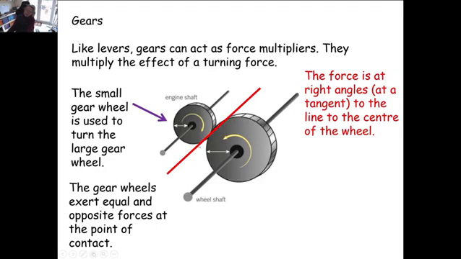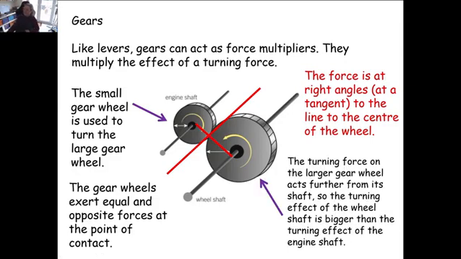So I've tried to draw that in, but that's a little bit difficult to draw. But your force is going to be at right angles from the centre of each gear to where the force is being applied.